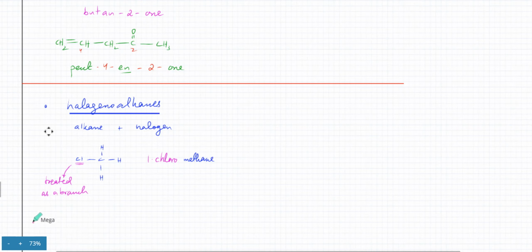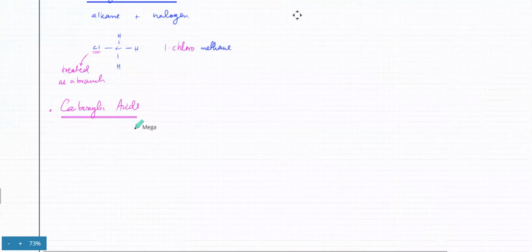The next one is carboxylic acids. Now, carboxylic acids are, one second. So what do carboxylic acids?